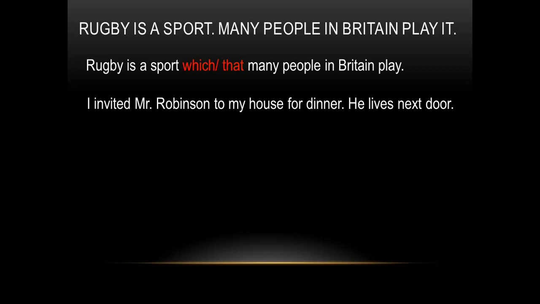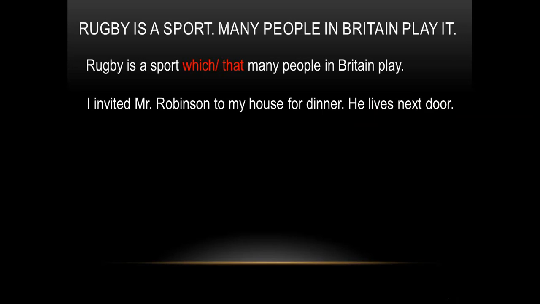Okay, so this part gives extra information, additional information. So if I take it away, the meaning of the sentence won't be affected, won't be incomplete. So this is a non-defining relative clause.